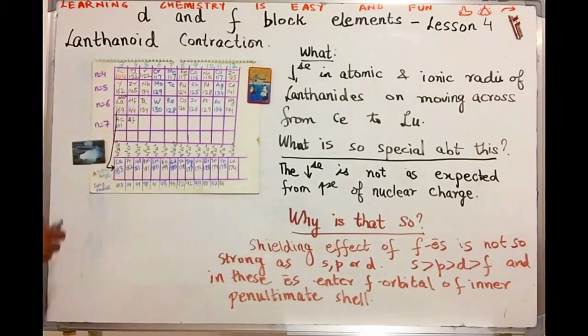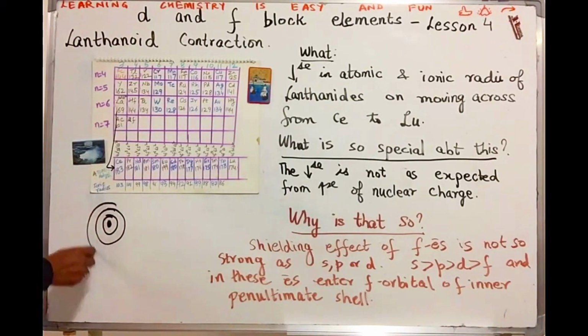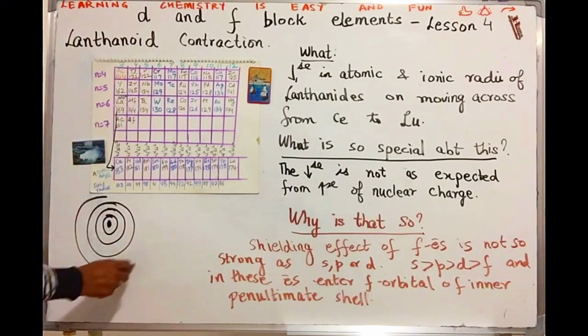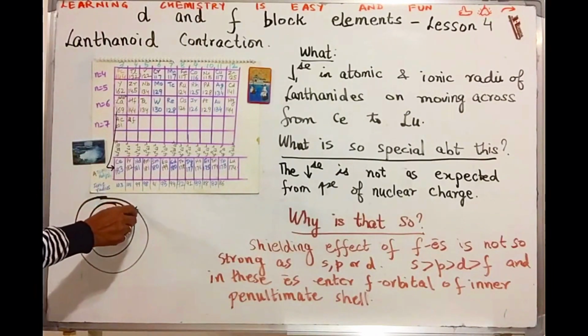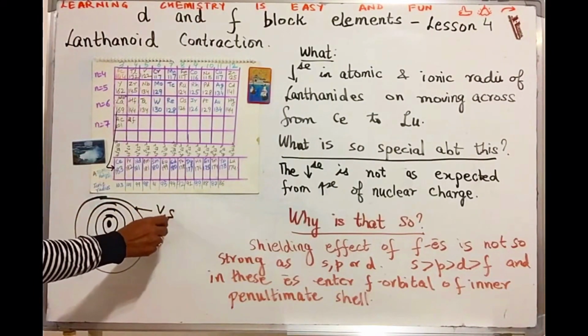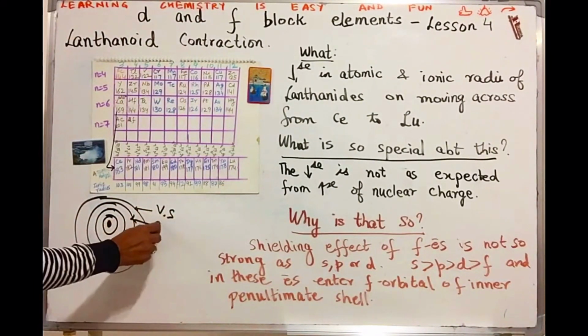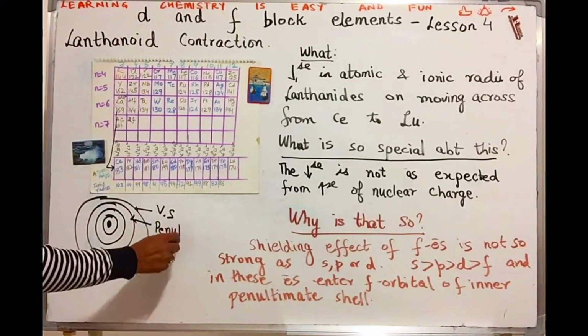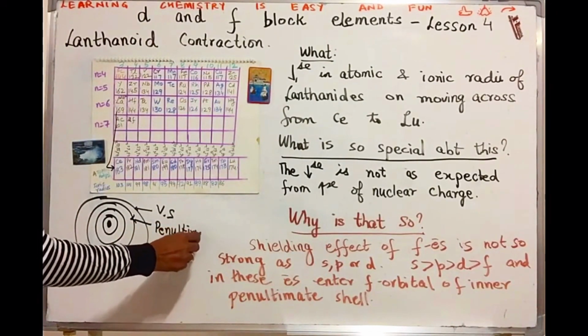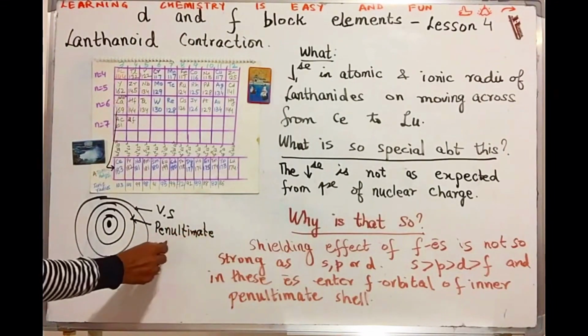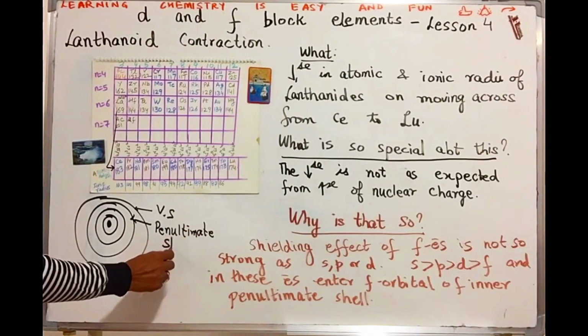But what we observe in the case of lanthanides is that you've got the nucleus in the middle, you've got the electrons moving around in the orbits outside. This is my valence shell. This is my penultimate shell, right? We have already spoken about this when we were discussing d orbitals, the d block.